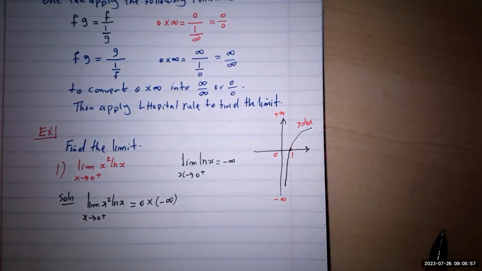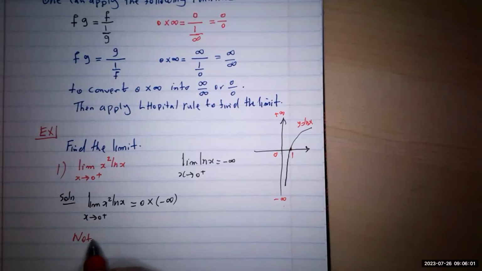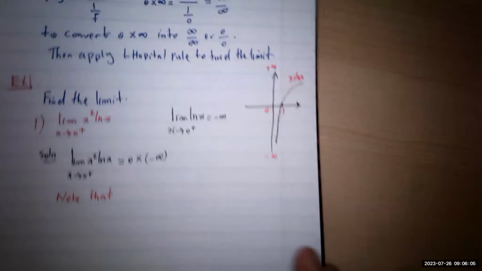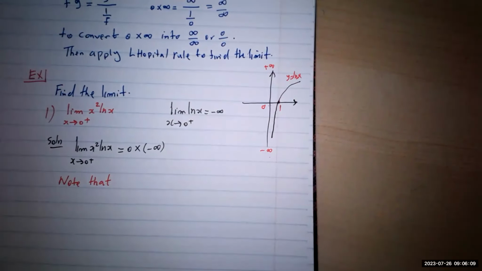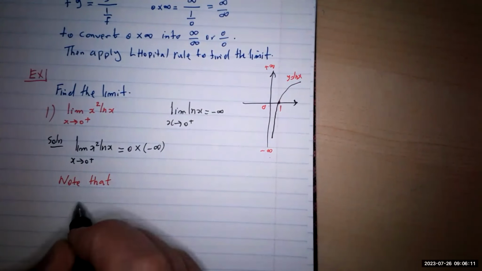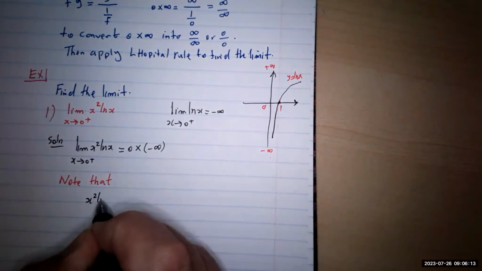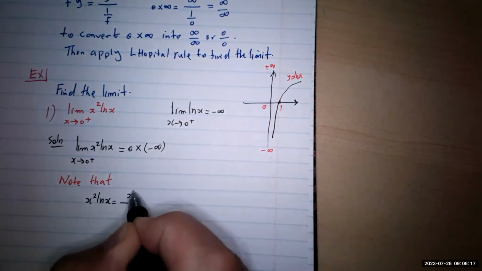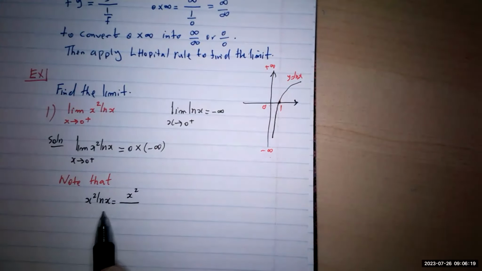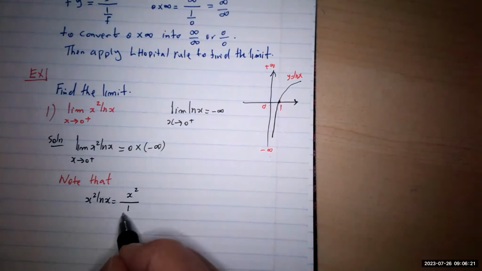Okay, so just to give you more information before I do it, we give you two options here. Which one are you going to use? You write x squared ln x as, you put the x squared on the top, the reciprocal of the other one, 1 over ln x.